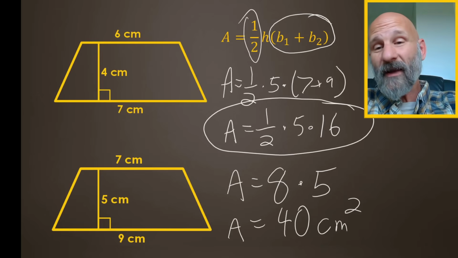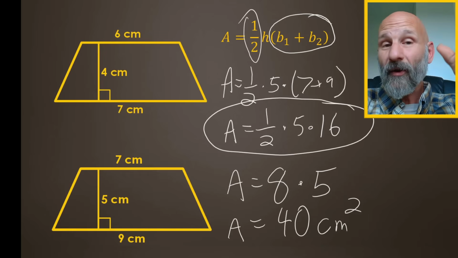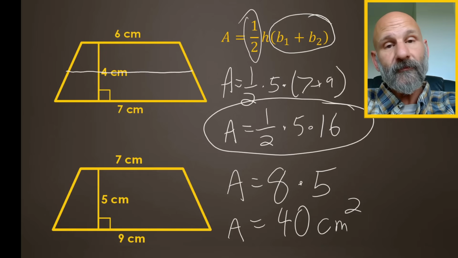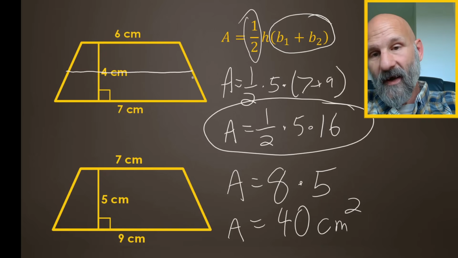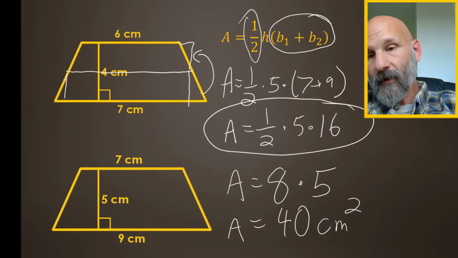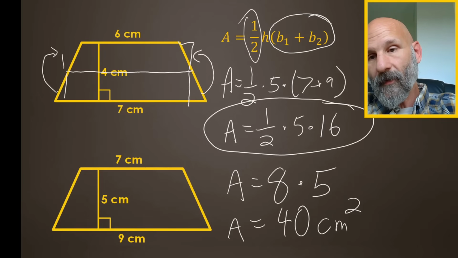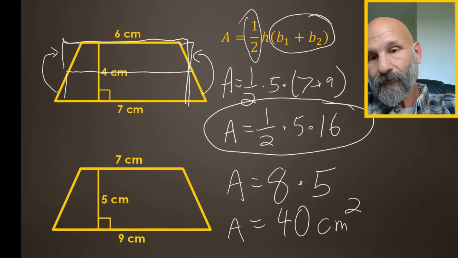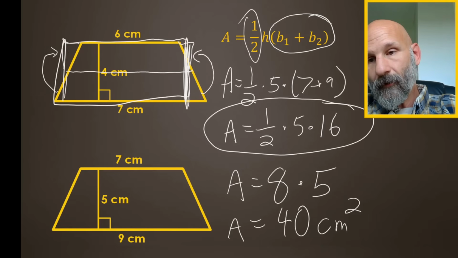Now, what we're doing with that is we're finding the middle of the bases. So we're actually finding this length right here. Why? Because we're going to cut this guy up. We're going to cut off this triangle and we're going to put it right up there. And then we're going to take this triangle and do the same thing. And that guy's going to go up there. So now what we have is a rectangle like that.